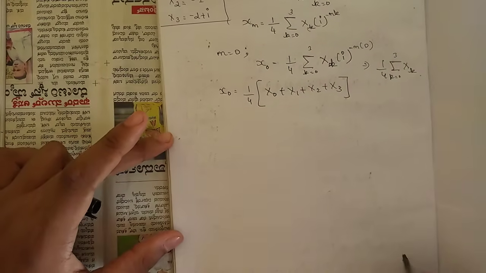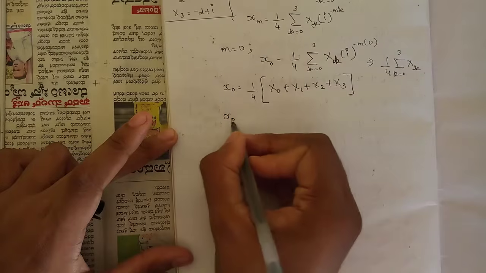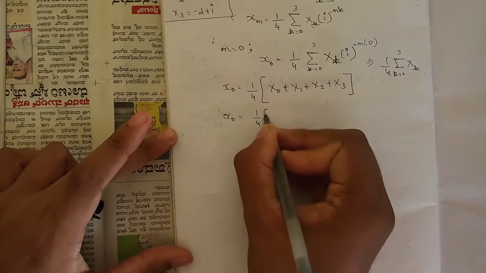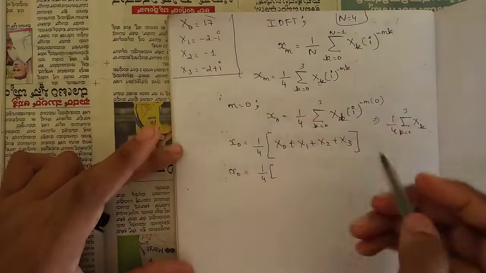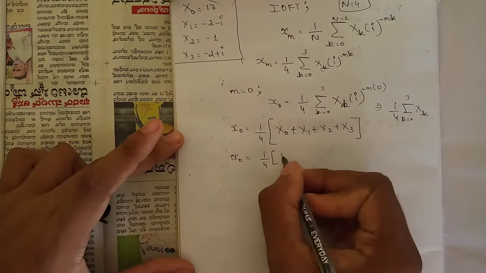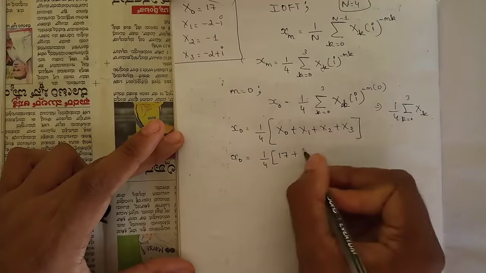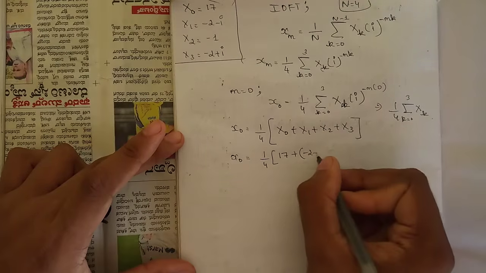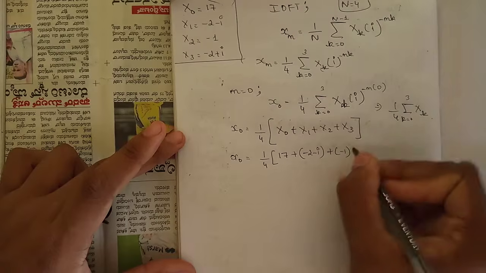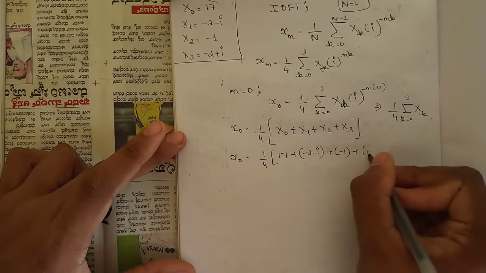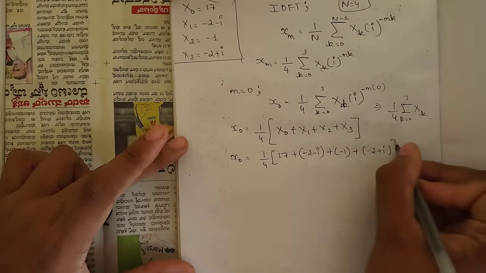So now x naught is 1 by 4 into, substitute the values for x naught, x1, x2 and x3, that is 17 plus minus 2 minus i plus minus 1 plus the value of x3 is minus 2 plus i.